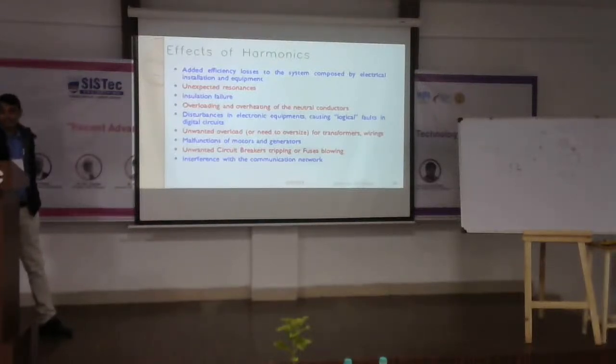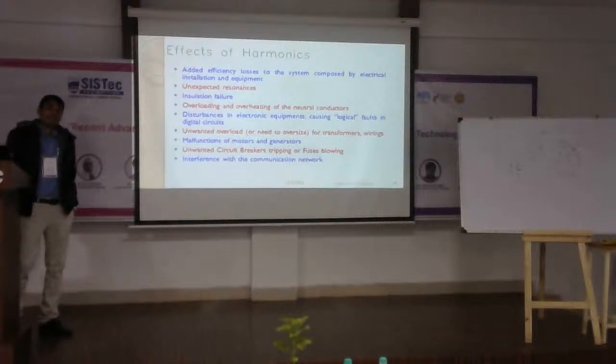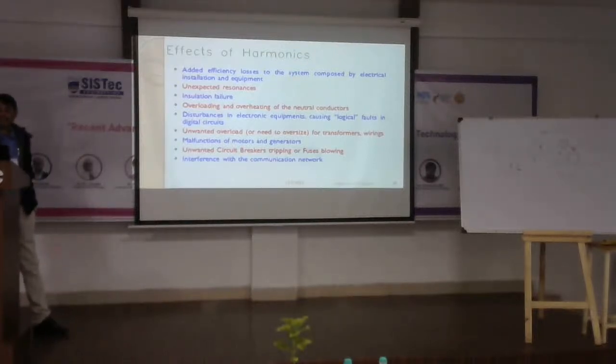And when using a filter, the THD will be less than 6%. So the filter requirement will be more. If you are not using a filter, deterioration will be there and many problems will happen in the power system. So that is the importance of the filter.